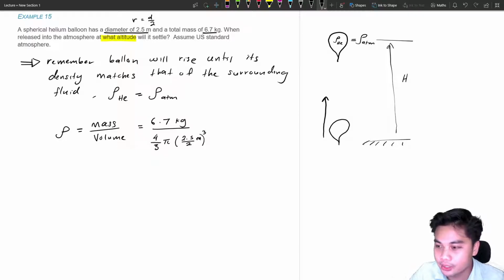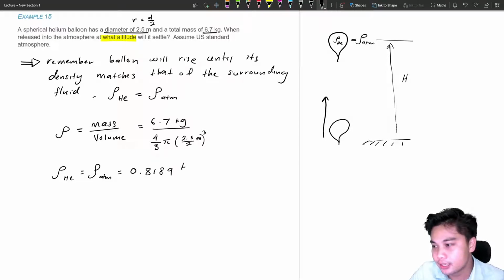Finally, you will get the density of helium, which is equal to the density of the atmosphere, 0.8189 kilogram per meter cubic.